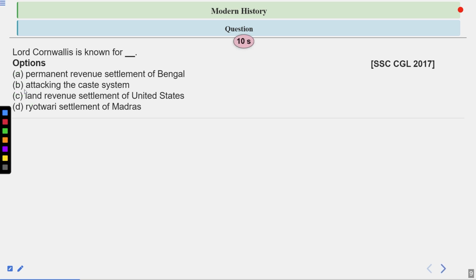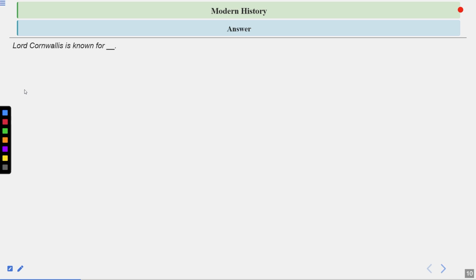Time starts now. Time's up. The correct answer is A. Permanent settlement, or you can say permanent revenue settlement of Bengal. Solution.